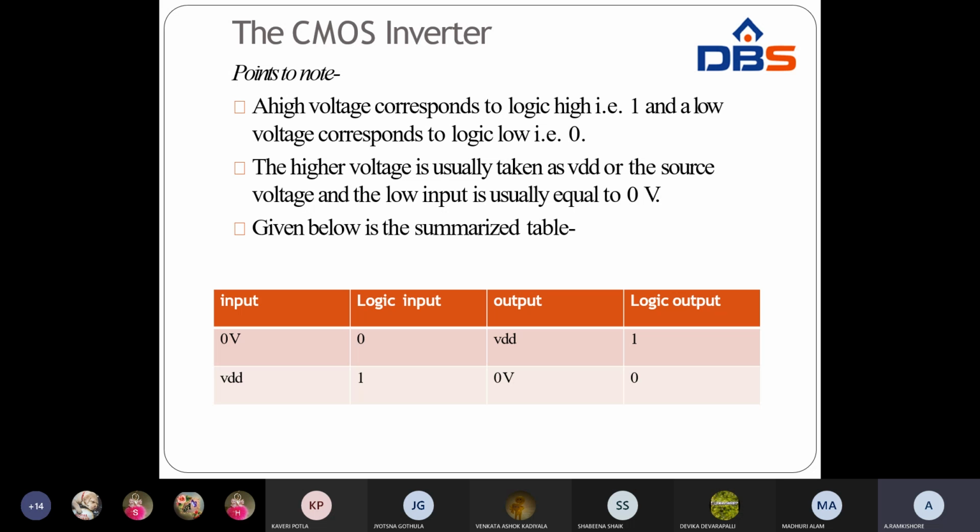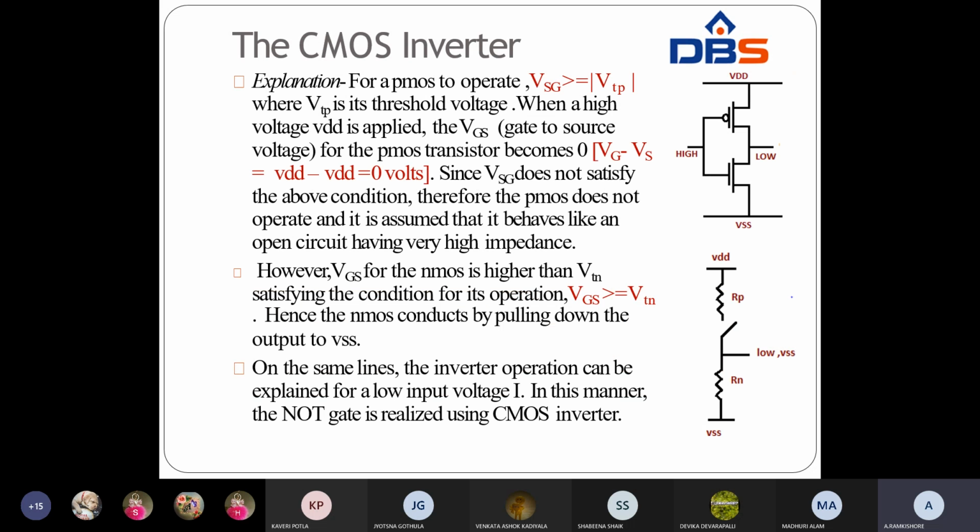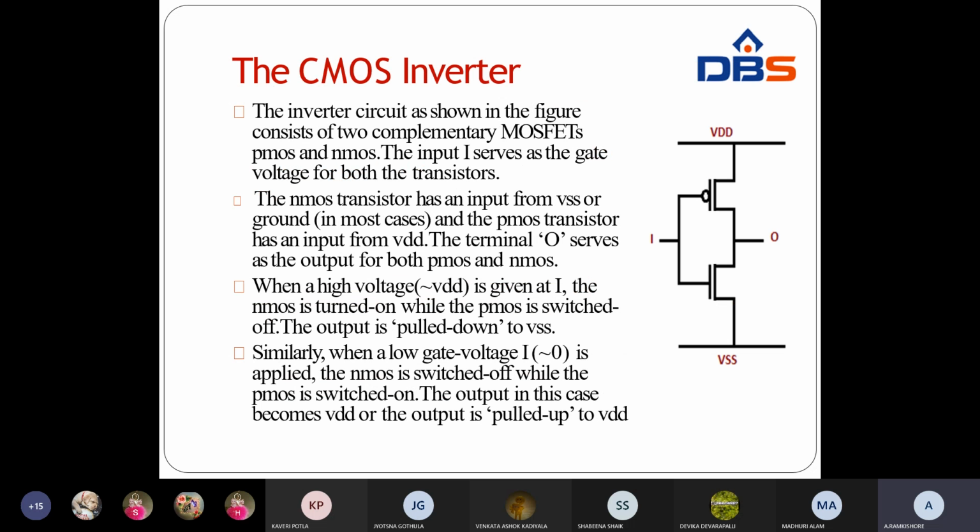The NMOS transistor has its source at VSS or ground in most cases, and the PMOS transistor has its source at VDD. The terminal O serves as the output for both PMOS and NMOS.